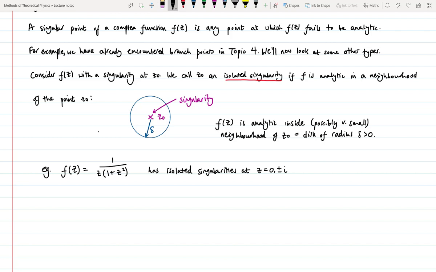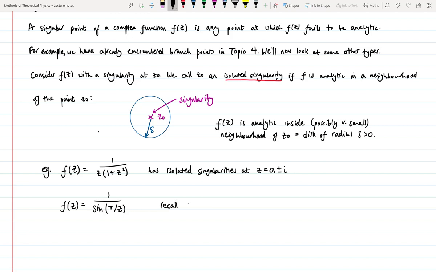Let's now look at another example that does not have isolated singularities. Let's consider f(z) = 1 over sin(π/z). Again, we'll look at points where the denominator equals 0.